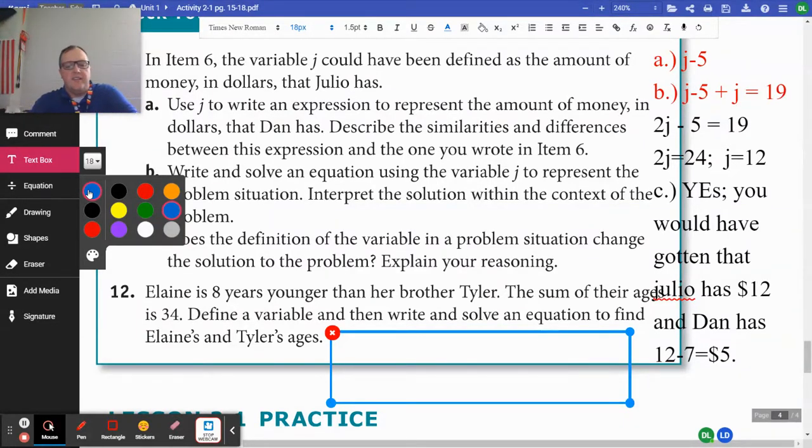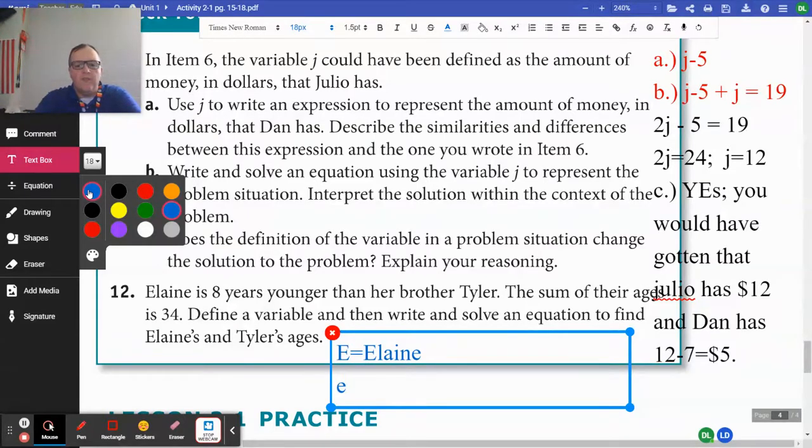So we're going to let E equal Elaine. Whatever Elaine is, her brother is 8 years older than that, and together they equal 34.